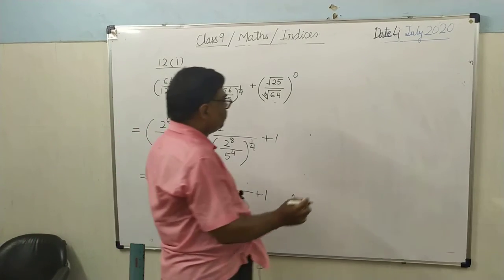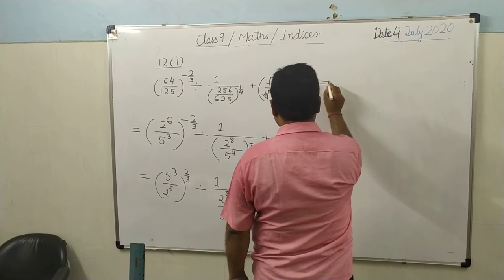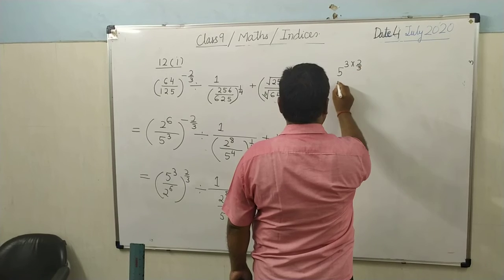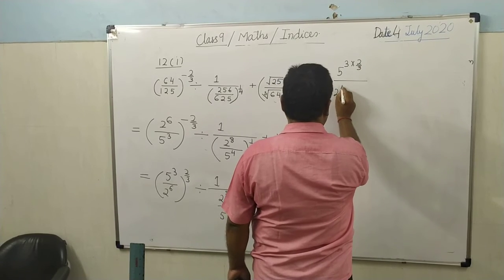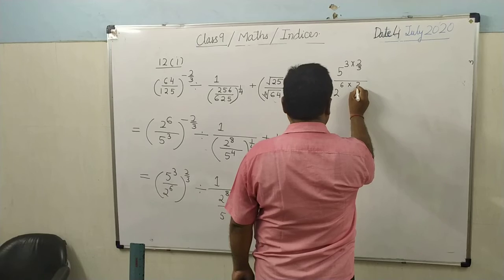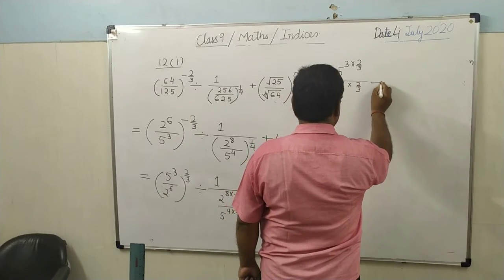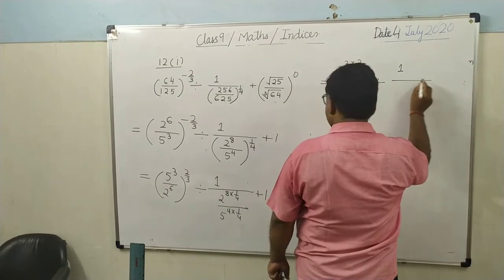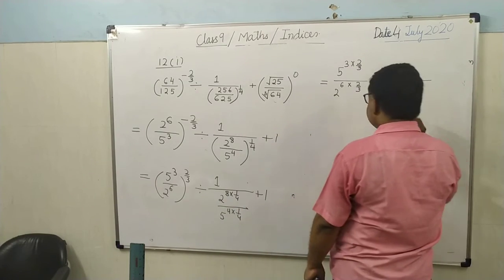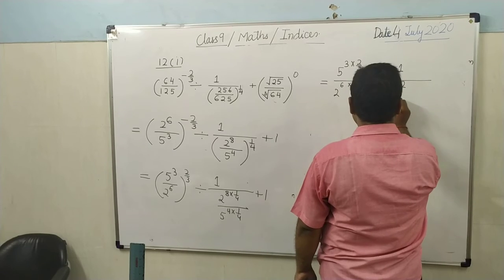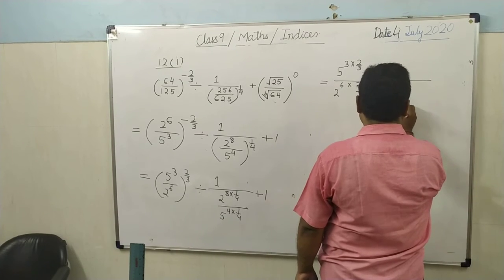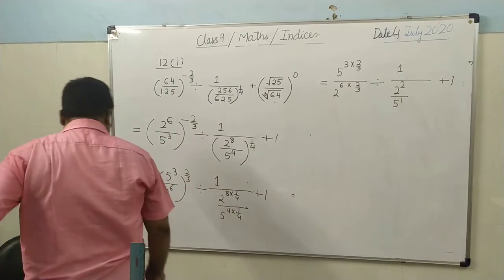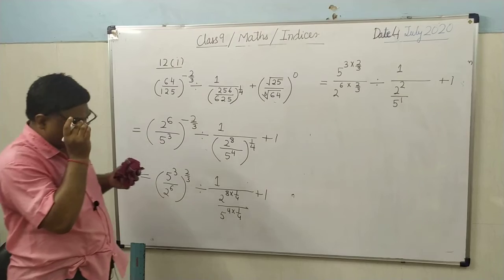So when powers multiply, what will be? 5 to the power 3 into 2 by 3 divided by 2 to the power 6 into 2 by 3. When you simplify, 8 upon 4 is 2. 2 to the power 2 upon 5 to the power 1, plus 1. It is clear?